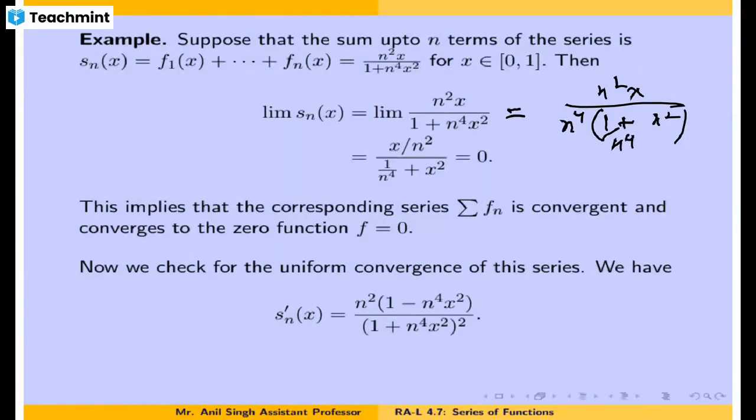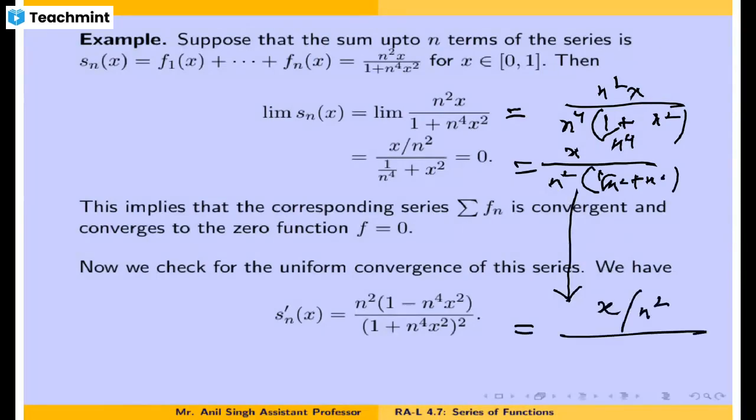So once you cancel these, you will have in denominator n to power 2. I will have x upon n square. Now you can further readjust this thing. You can write it as x upon n square upon 1 upon n to power 4 plus x square.